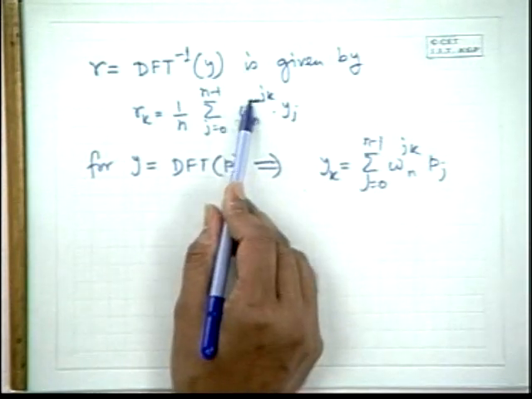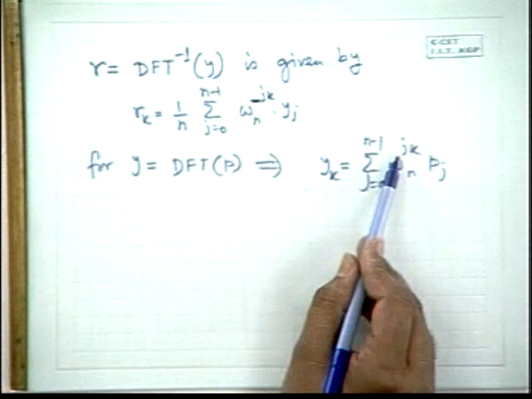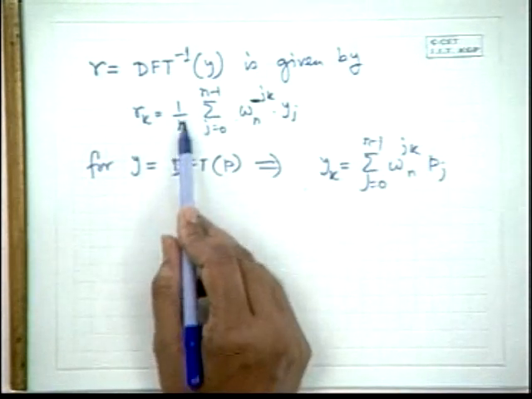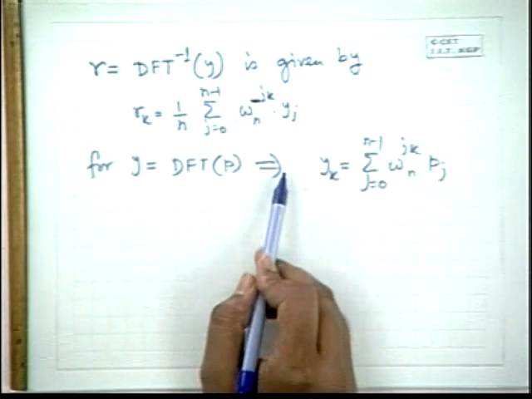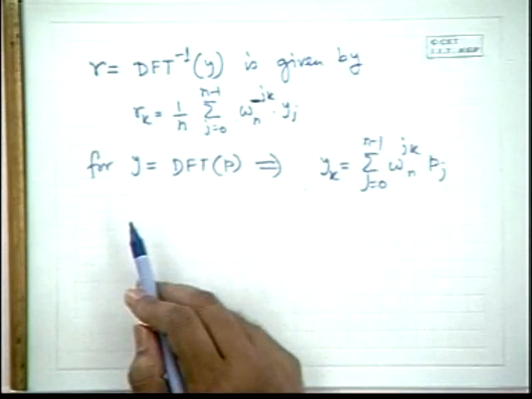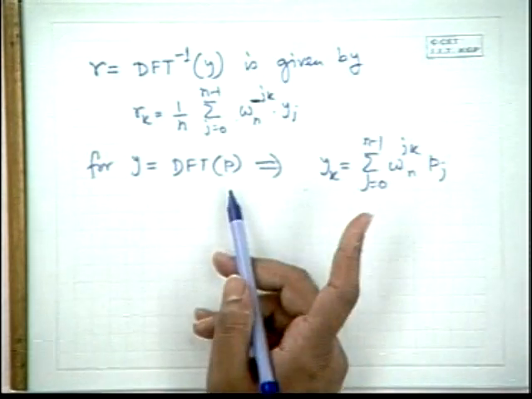The only difference is the minus here, there is no minus there, and of course there is a factor of 1 over n. Otherwise it is very similar. So this suggests that the FFT algorithm for the forward transformation can probably be used with this very minor change even for the inverse DFT, and that is what we will see.